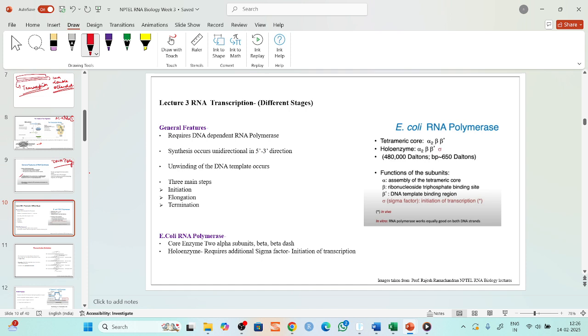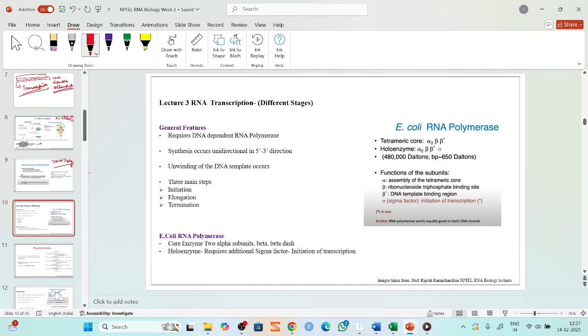When the transcription bubble moves, the RNA which has been synthesized moves along. And then termination. Termination means the termination of the RNA. When the RNA is completely synthesized, then the process is terminated or stopped there. So these are the three major steps required in RNA transcription: initiation, elongation, and termination.